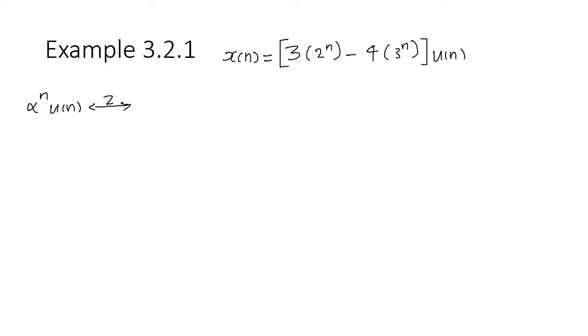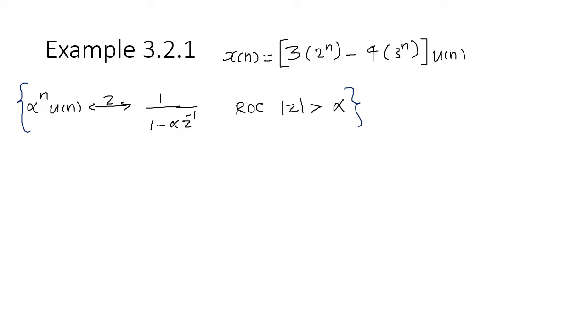We have already solved this, and the result is 1 by 1 minus alpha z inverse with the region of convergence mod z greater than alpha. So this is the result we have already discussed in some previous examples.